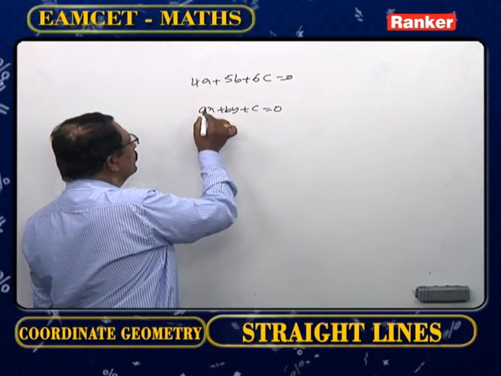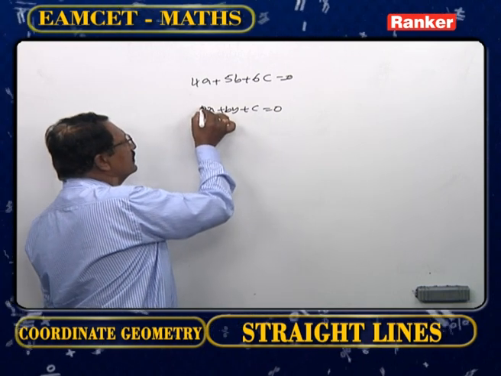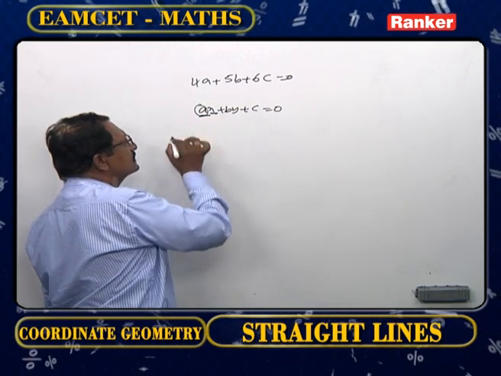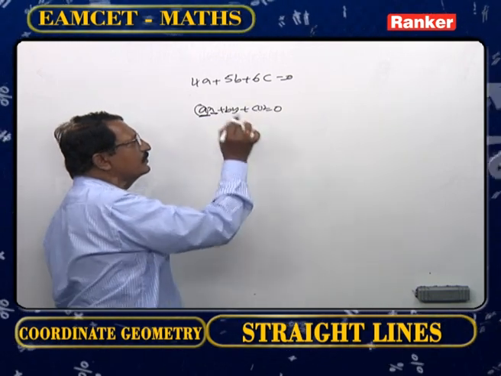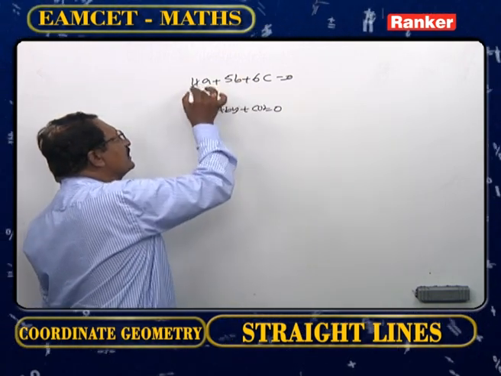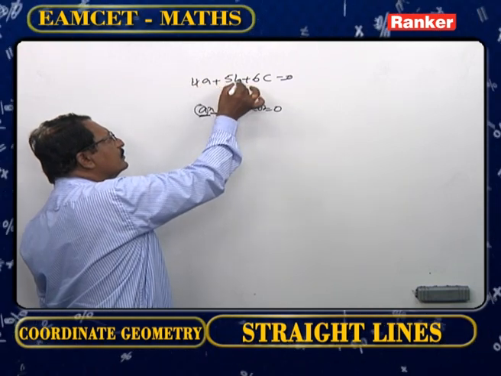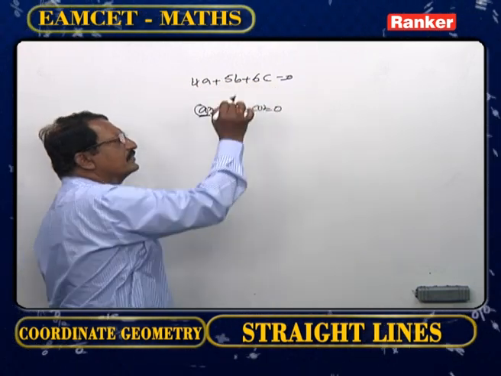Now, in the equation of the line, the coefficient of a is x, similarly the coefficient of b is y, and the coefficient of c is 1. In the given condition, the coefficient of a is 4, of b is 5, and of c is 6.